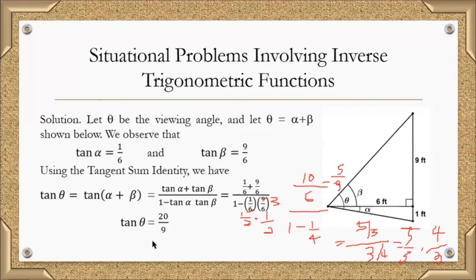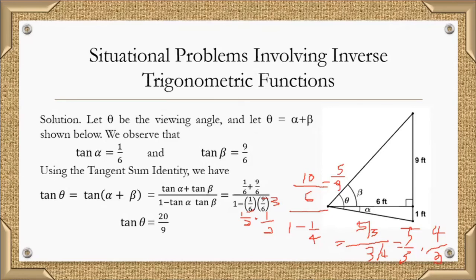Okay? Next, since ang target natin ay yung angle viewing or yung viewing angle, so kailangan natin gamitin yung arctan. O, ang gagawin mo lang ay shift tangent, then 20 divided by 9.